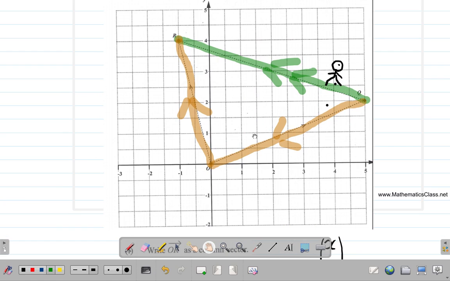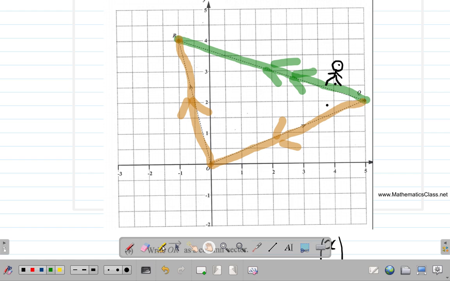Now, we did that by adding the other two vectors. That is how you should do it in the exam. But let us trace the graph and see if that is the case.